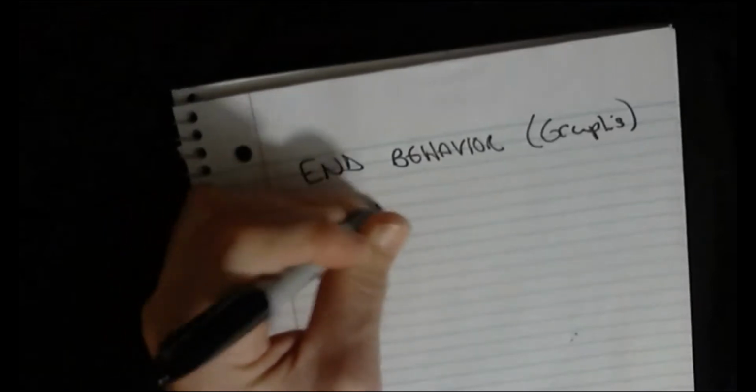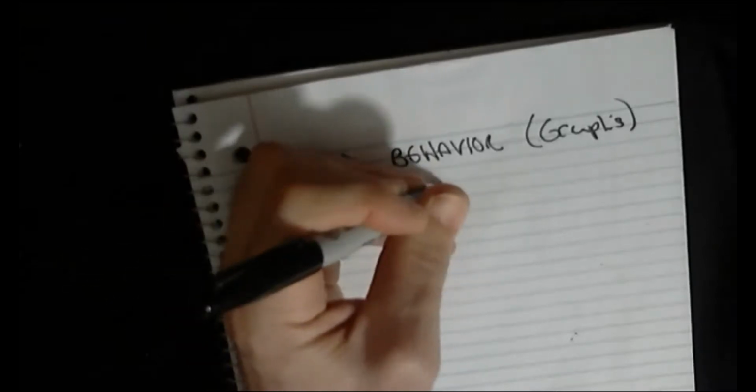If the biggest degree, or the degree of the polynomial, is even, your ends are going to go the same way. For example, if we had a positive x to the fourth plus 3x squared plus 2, or something along those lines, okay?